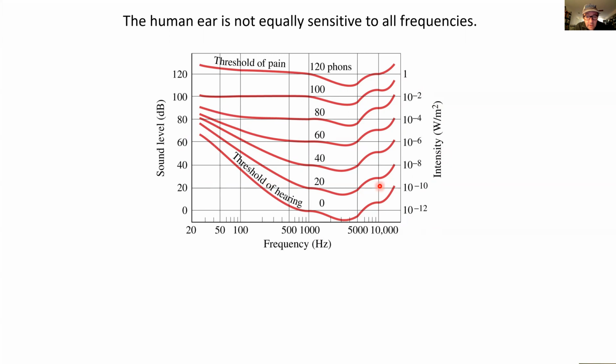And now we have these curves. So let's pay attention to, say, this spot right here. Actually, let's pay attention to 1,000 hertz. And notice that the numbers here correspond to the sound level where that red curve intersects 1,000 hertz. Right, so we have 0 here, we have 20 here, we have 40 here, 60, 80, etc. These are the phons.